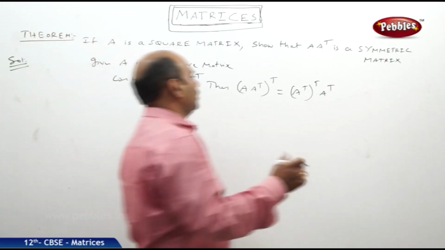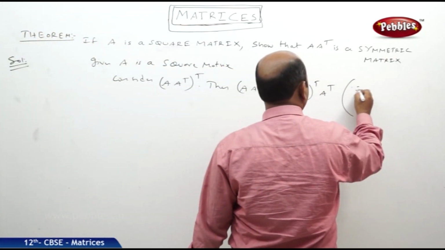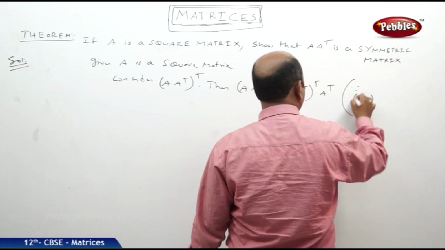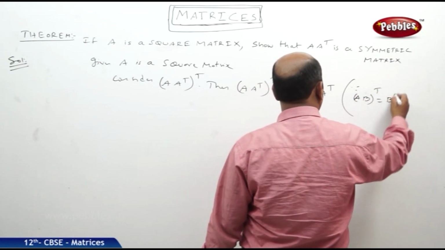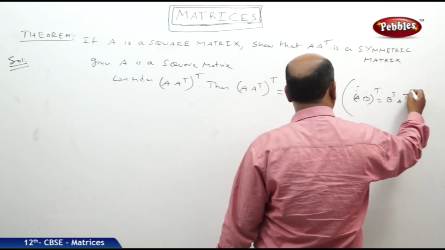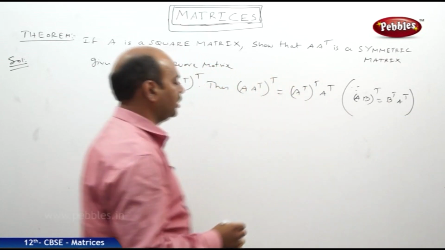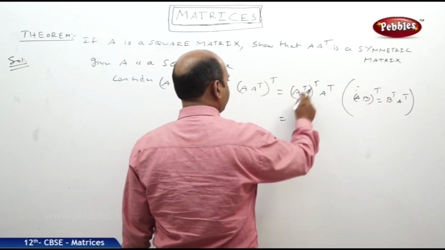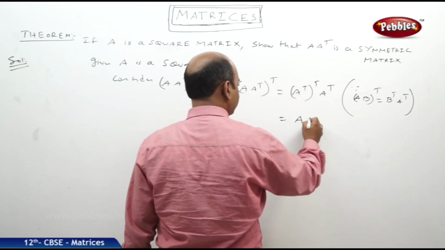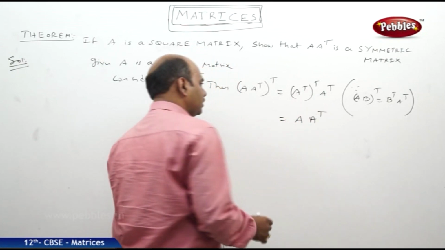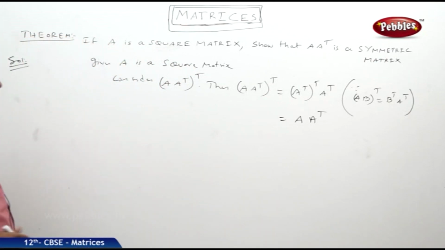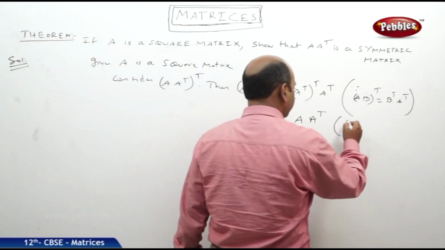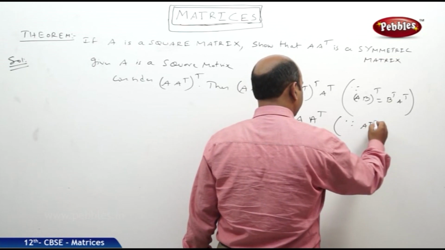Now how I got this means, I will be mentioning a reason. AB whole transpose is always equal to B transpose A transpose. Earlier we discussed all these things. And A transpose whole transpose means A only. So this becomes like this only. So A into A transpose. And here also we need to mention the reason carefully. What is that property?